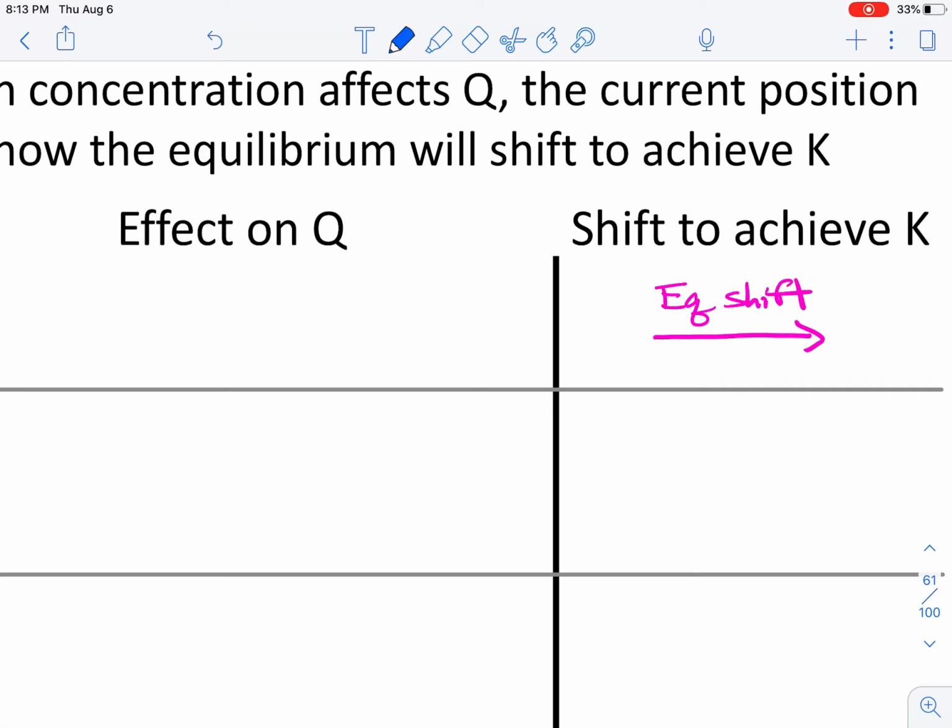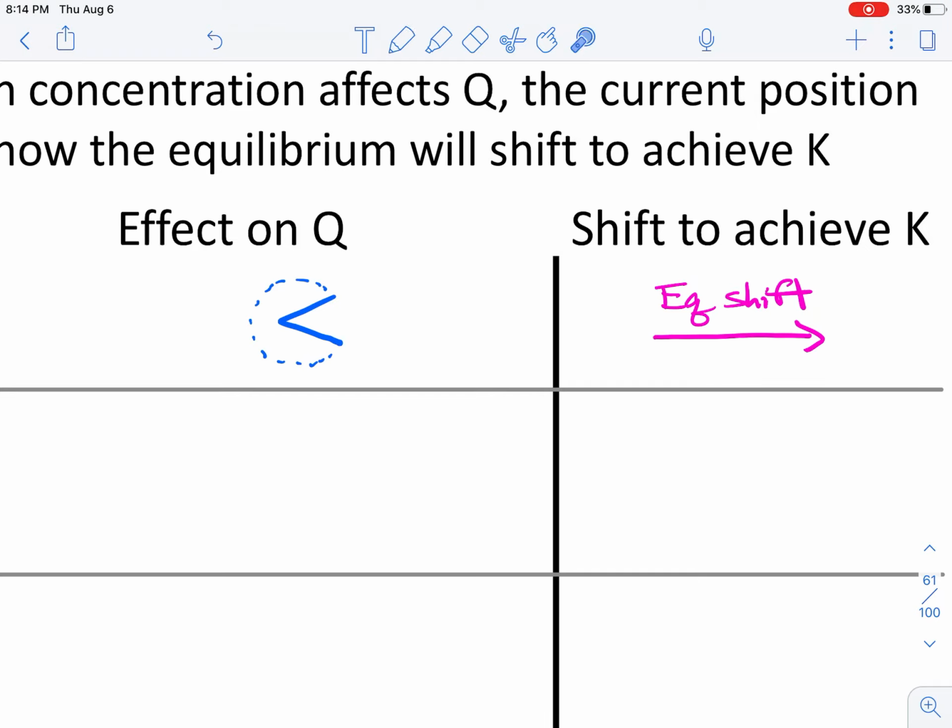If you recall from that specific lecture video, we can treat the inequality as the mouth of the Pac-Man. The mouth of the Pac-Man is going to tell us how the equilibrium will shift.